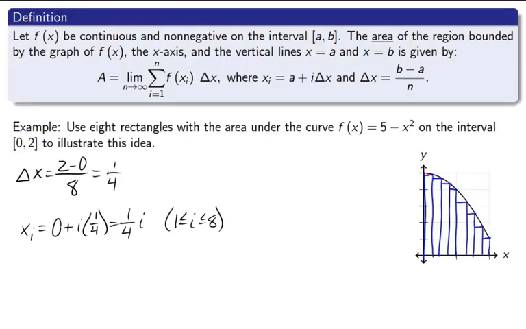If I were to double it again, I'd have even less error. Here's the idea. If I continue to add more and more rectangles, I get a better and better approximation. If I take the value as the limit as the number of rectangles goes to infinity, that is the area under the curve. I don't want to do a formal problem with this. This is just the idea of how to do these. And we'll talk more about area in the next section.